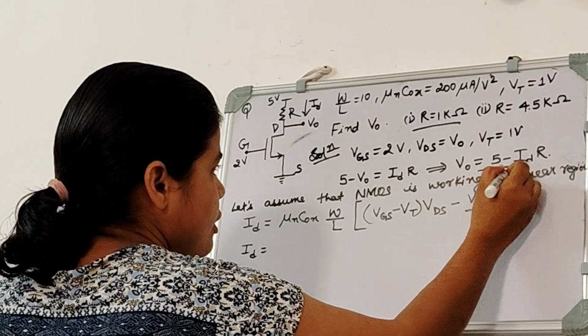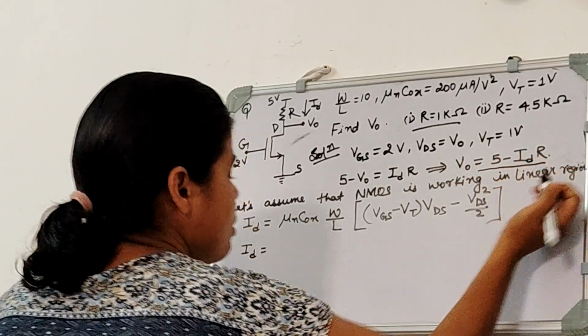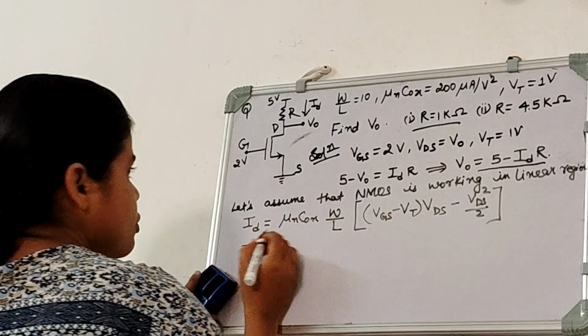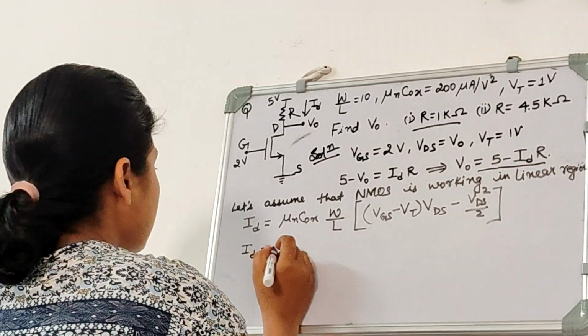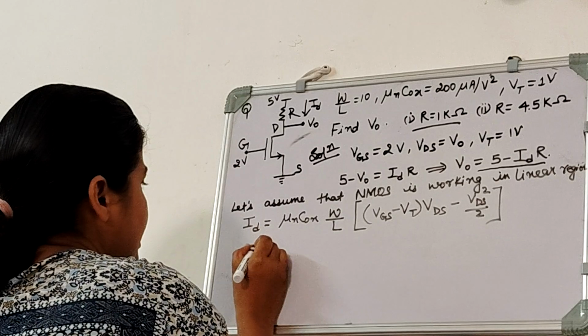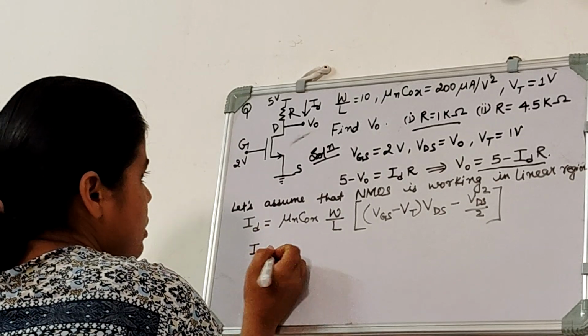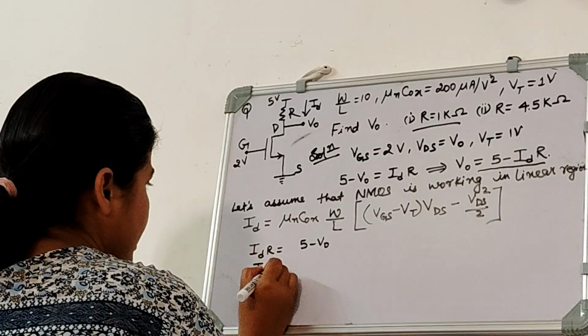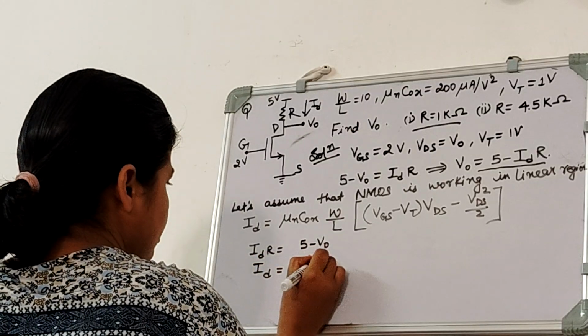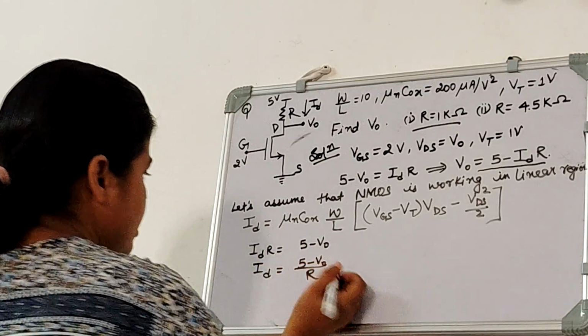From this equation first, we will write what is ID. So from here, we can write that ID R equals 5 minus V naught. So ID is equal to (5 minus V naught) upon R.